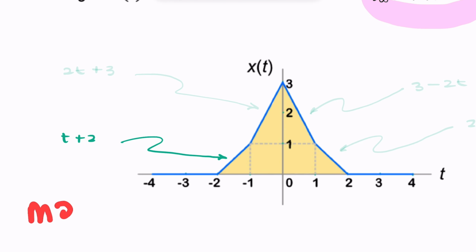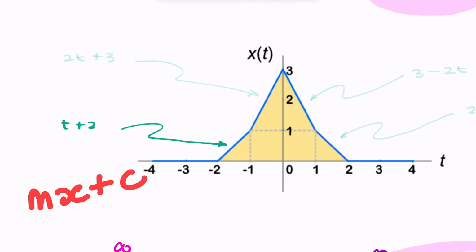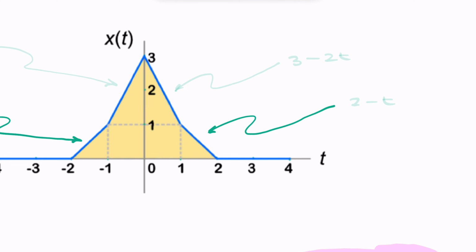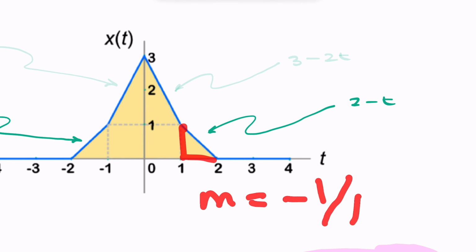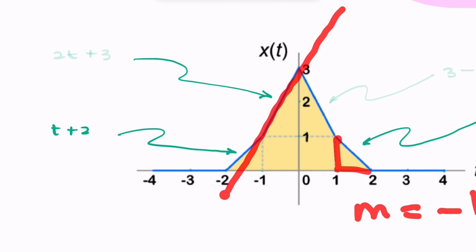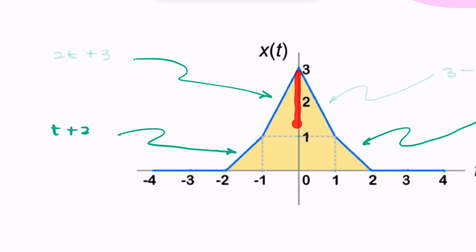So t plus 2. And if you look symmetrically at the other side, there x of t has a gradient of -1 and y-intercept of 2, so it would be 2 minus t. Similarly, for the segment from -1 to 0, x of t has a gradient of 2 and a y-intercept of 3, so it would be 2t plus 3.